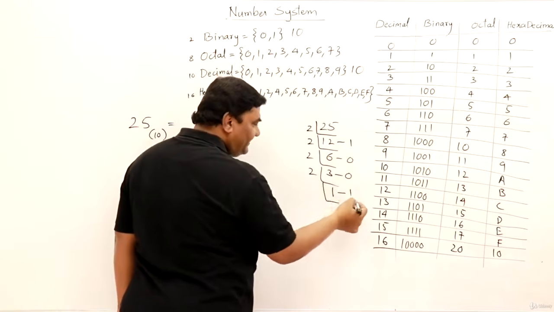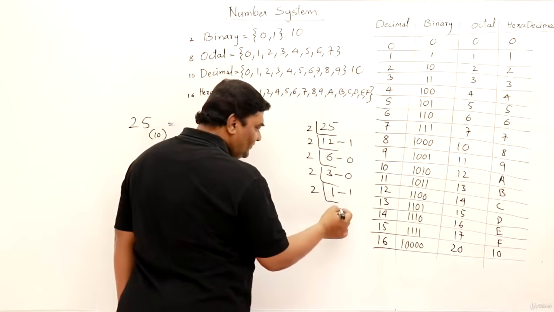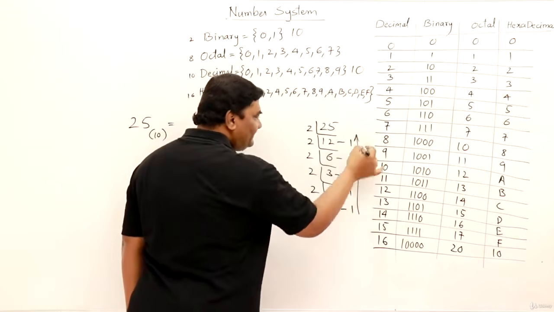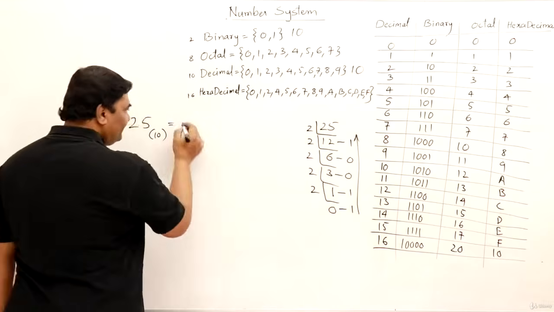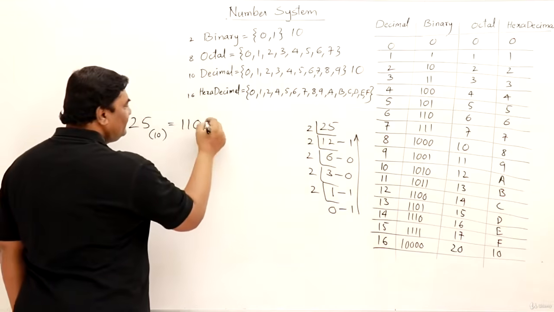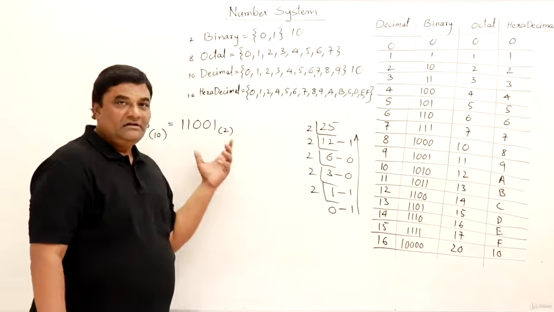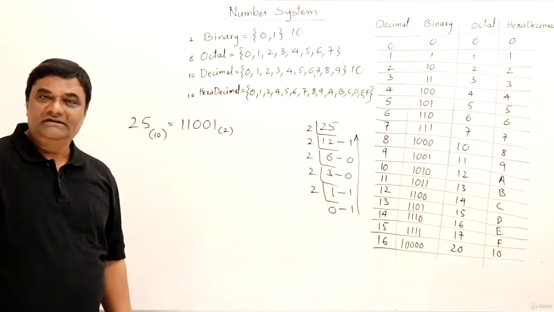So we take the remainders here, we don't write the decimal. 2 0 times is 0, remainder is 1. So take the digits from bottom towards up. So the digits are 11001. This is the binary form. So this is how a decimal number is converted into binary.